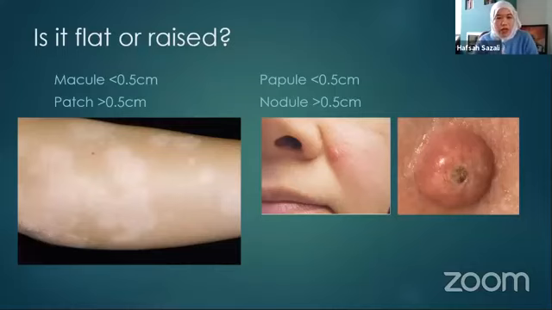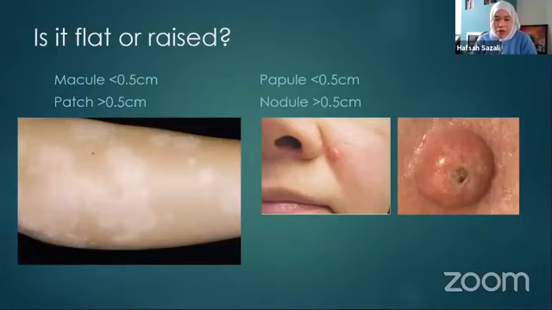So macules are flat, usually well circumscribed, discolored lesions which are small, less than 0.5 centimeter, and patches are flat, usually well circumscribed lesions more than 0.5 centimeter.